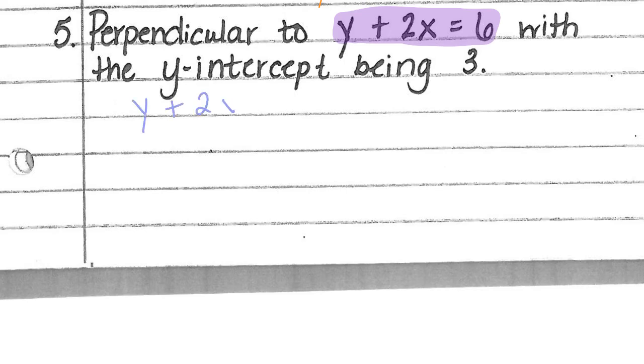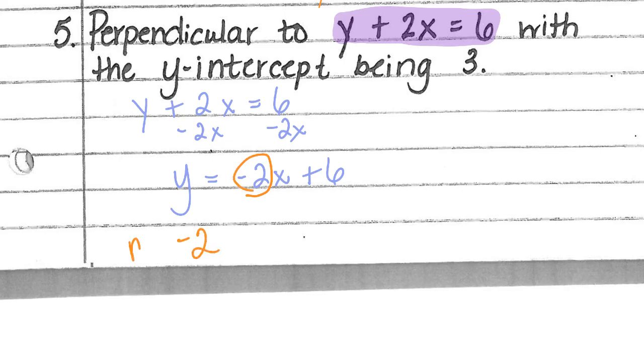So if I have y plus 2x equals 6, I'm going to subtract 2x from each side. My slope in this case is -2. That is my slope for this line. But remember, they're asking us for a perpendicular slope. So the perpendicular slope will be the flip of that, and the negative reciprocal. Well, this is already negative, so it will be positive.